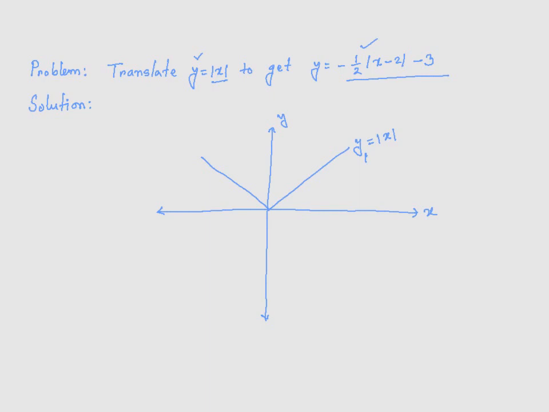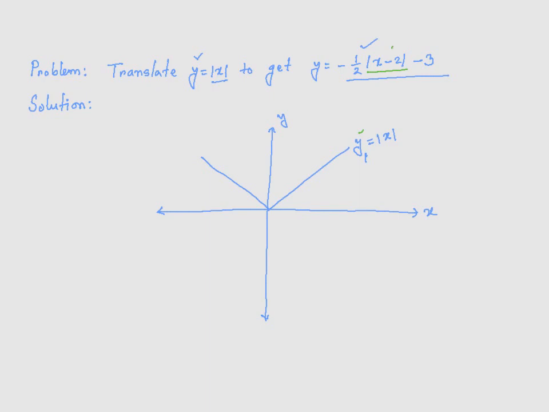Step 1 is to get to absolute value of x minus 2. It's an inside change, meaning the change is inside the absolute value, so it's going to have a horizontal shift, meaning it's going to move the function either to the right or to the left, graphically of course.